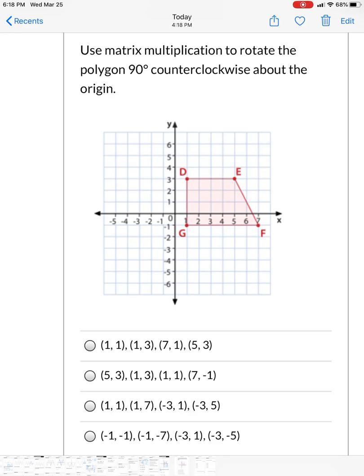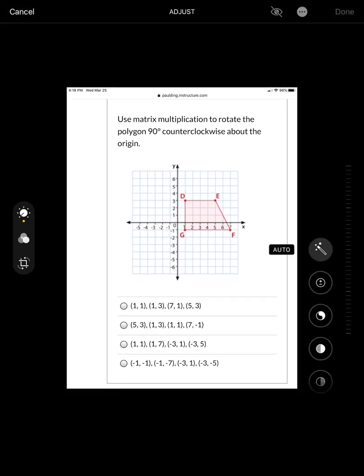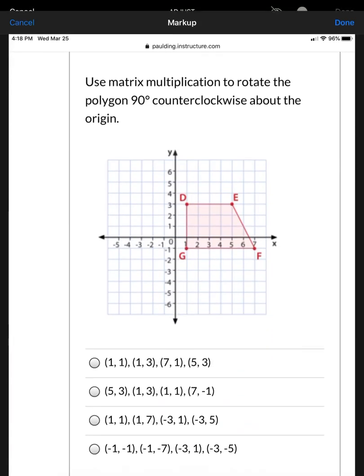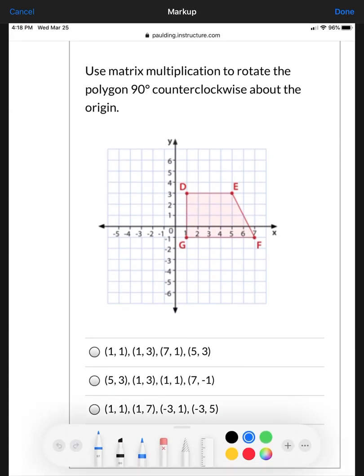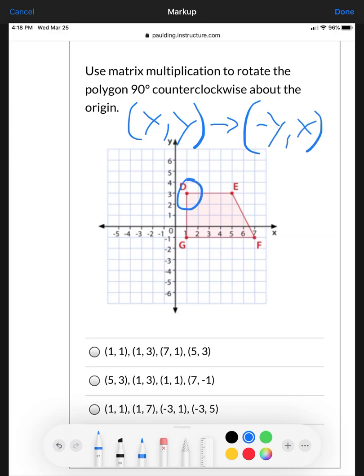And we did this another way. So if you want a nice, easy way to do this problem, just go back to those geometry concepts. So we want to rotate this figure 90 degrees counterclockwise, and what would the new coordinates be once I do that rotation? So remember that rule? If this is my original point, after I rotate it 90 degrees counterclockwise, that would be the point. So let's just take one of these points.